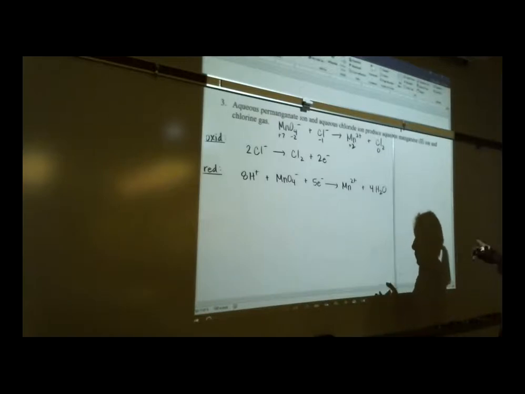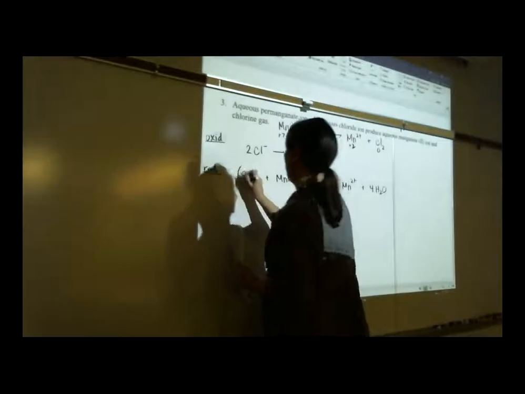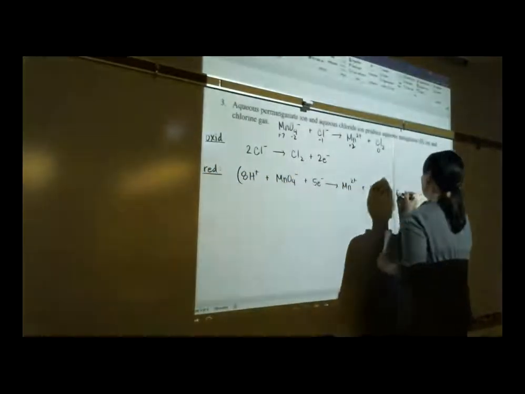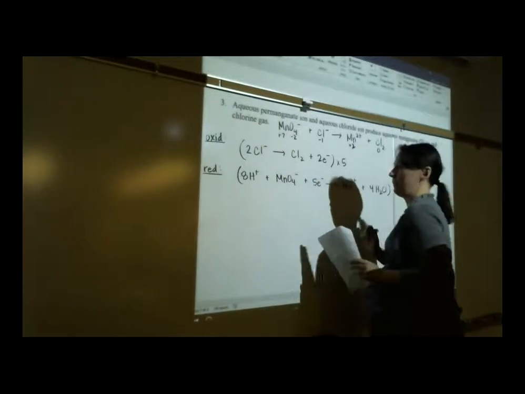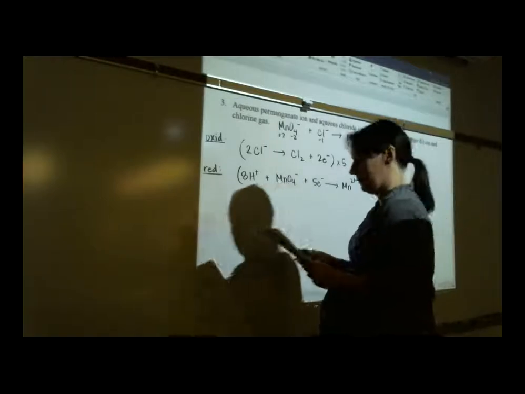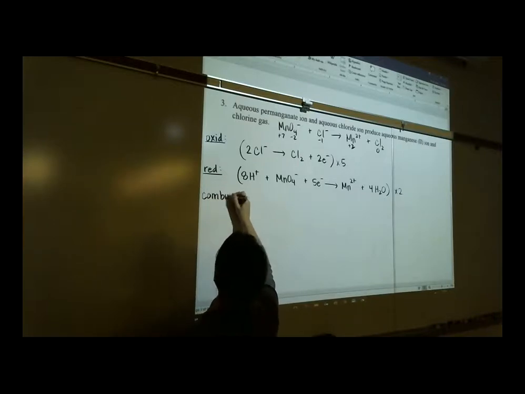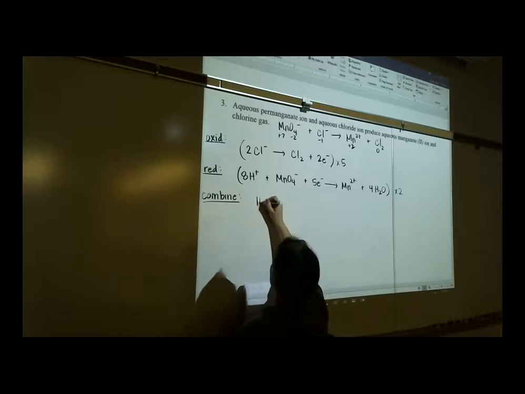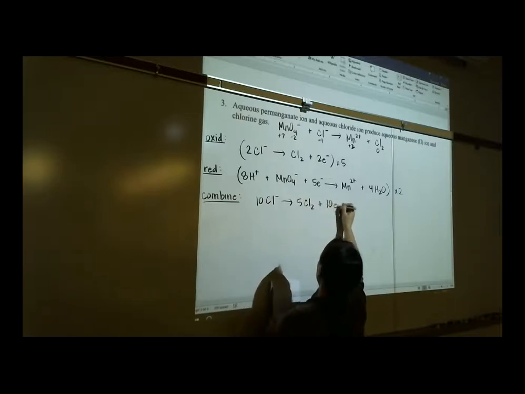Now I just need to multiply, figure out what I'm multiplying by, and add them up. 5 is not a multiple of 2, right? But I can turn them both to 10. So if I multiply the bottom one times 2, and I multiply the top one times 5, now I can cancel out my electrons. So when I combine, let's multiply the top one by 5. 10 Cl minus produces 5 Cl2 plus 10 e minus.